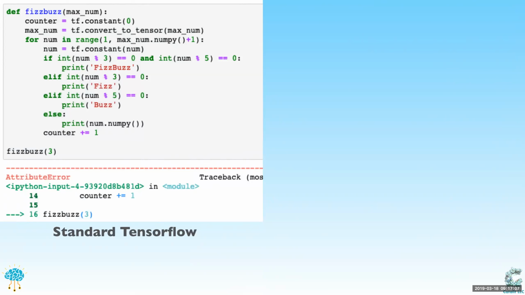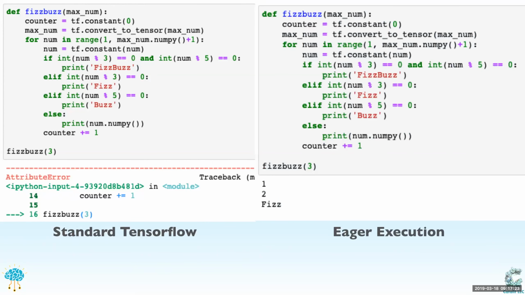So it would give you an error that the value that you're trying to convert to a tensor, the value max num, does not exist. Okay, it's only the shape of the tensor, but it doesn't have a value. In contrast, in TensorFlow 2, you can do this very easily. So you can pass a number into your function and then convert that number to a tensor and range over that tensor and create the calculation dynamically.